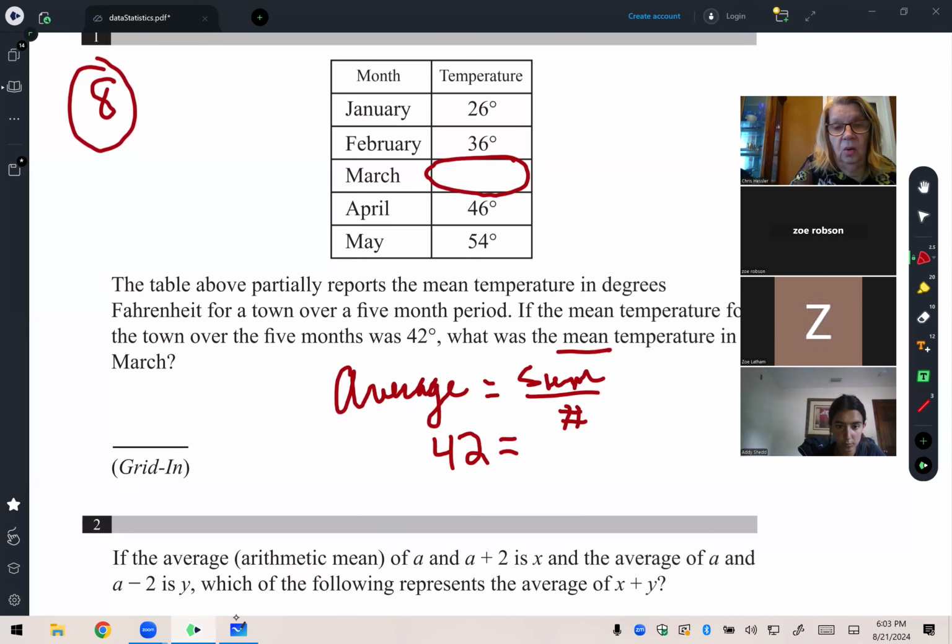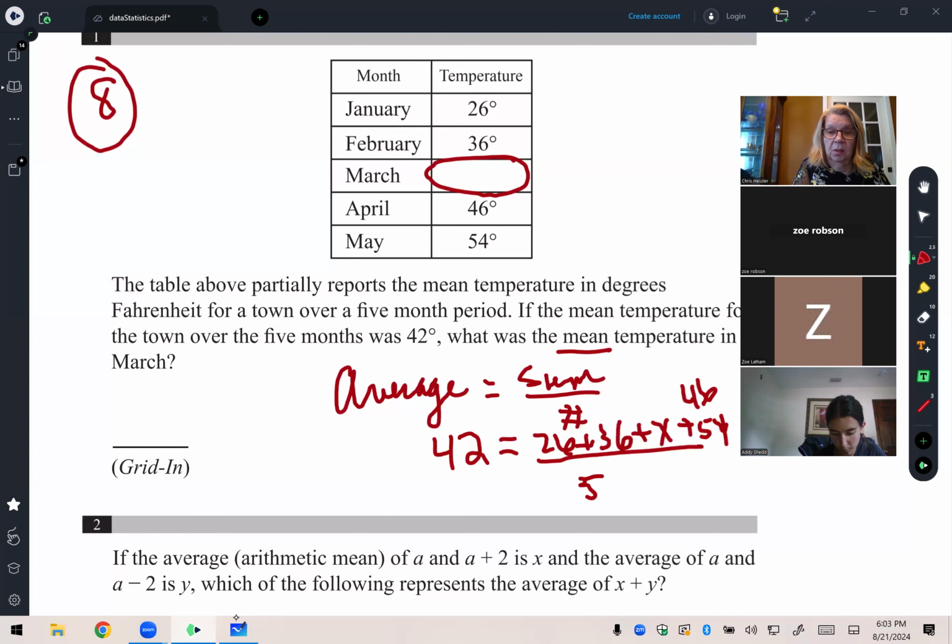The average is, so we have 5 months, right, and so we're going to add 26, we have a mystery number, 46 and 54. So when I multiply both sides by 5, I then get 210.